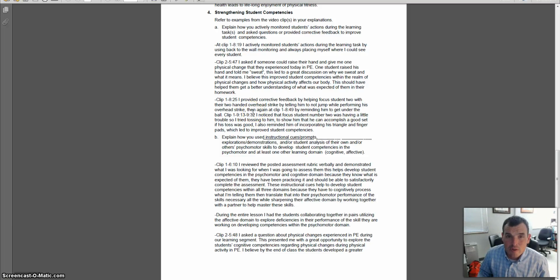At the third clip, the student was still having trouble. So what happened? Teacher stepped in, the teacher tossed the ball, the student was able to achieve some success. Now, one of the reasons for doing that was so that the cues could be incorporated and reminding the student of using the cues, which can potentially lead to greater success.